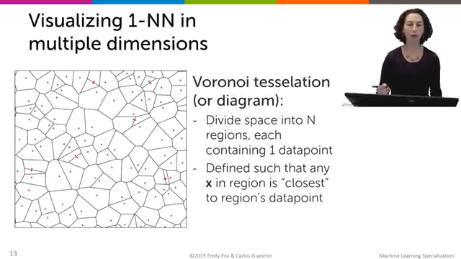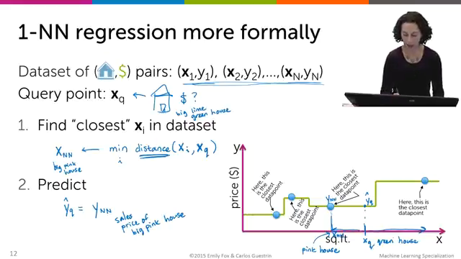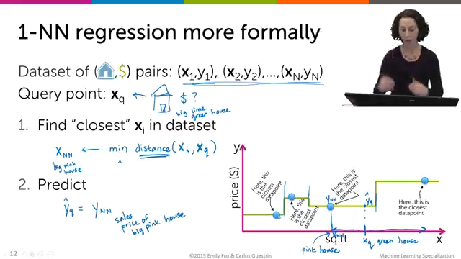But first, let's talk about what one nearest neighbor looks like in higher dimensions, because so far we've assumed that we just have one input, like square feet, and in that case, what we had to do was define these transition points where we go from one nearest neighbor to the next nearest neighbor, thus changing our predicted values across our input space, square feet.